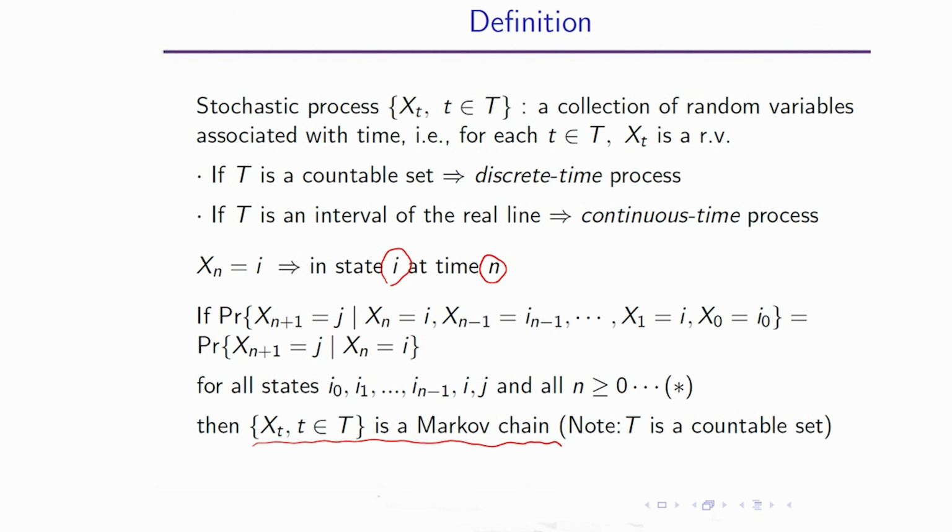So what that means is the conditional probability for the future state X_{n+1}, given the present state X_n, where X_n is called the present state, and X_{n-1} up to X_0 is called the past state.